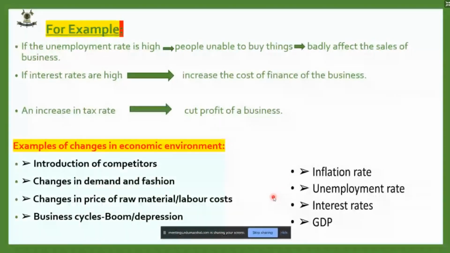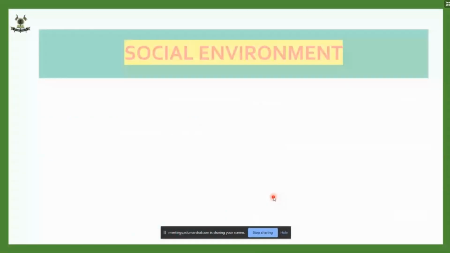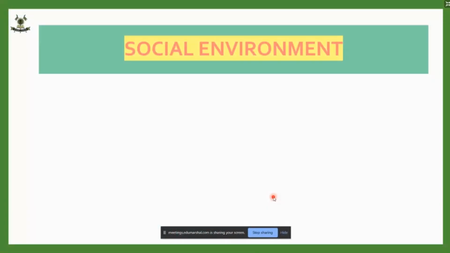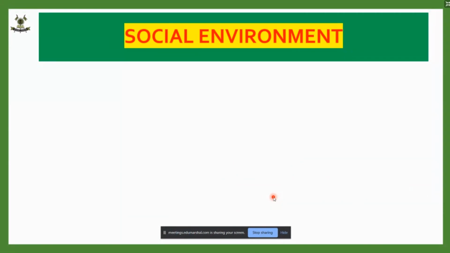This constitutes the economic environment. Now let's talk about the second environment, which is the social environment. When we talk about the people, the traditions, the customs, the value systems in our society, we are actually talking about the social environment. Society's lifestyle changes are taking place. People are becoming westernized.